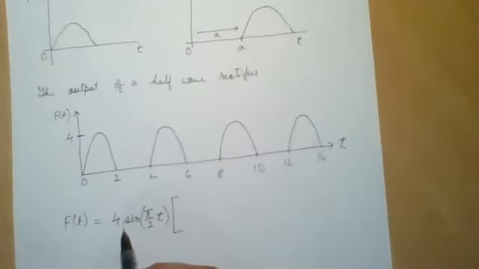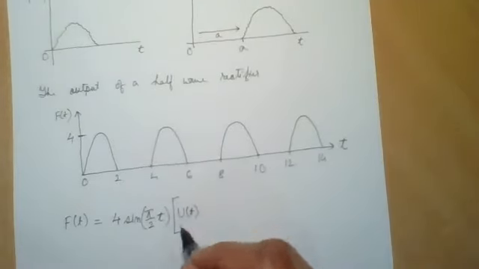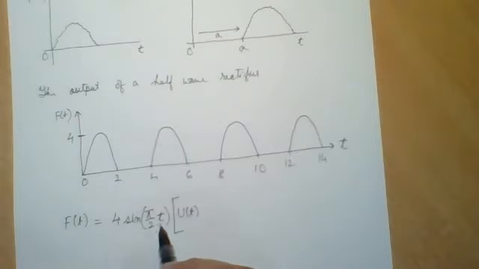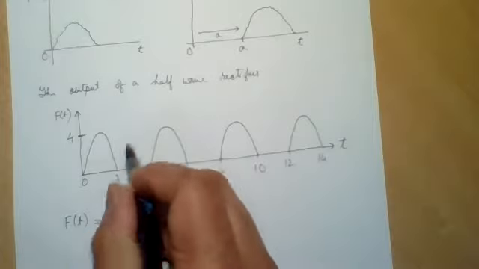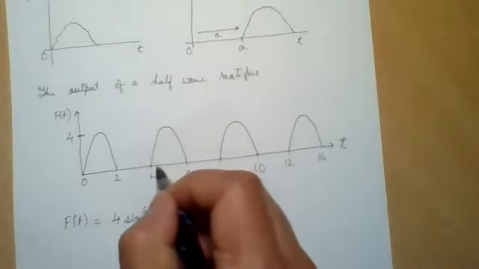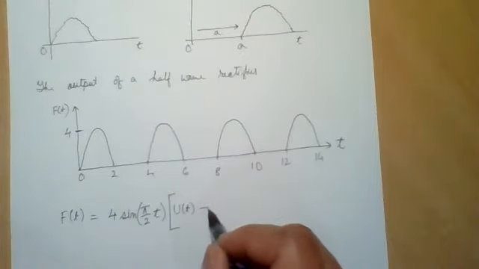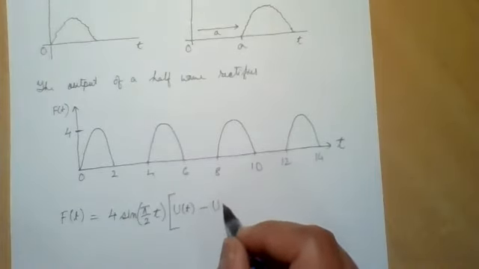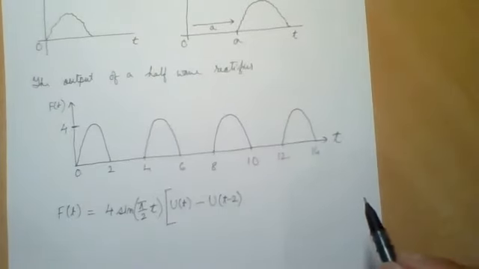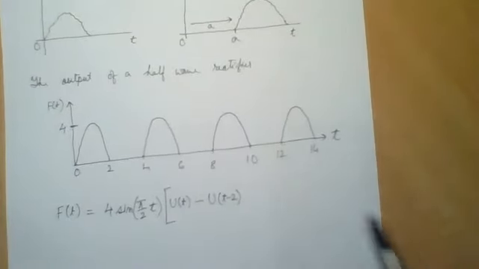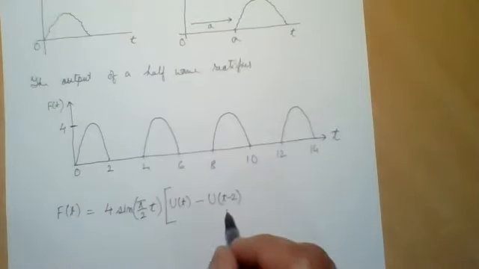So this first term, 4 sine pi by 2 t, multiplied by u of t, will give us this part plus the other part also. Then minus u of t minus 2. And what will this give?